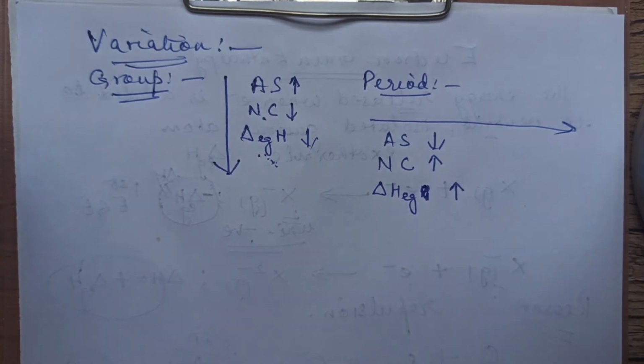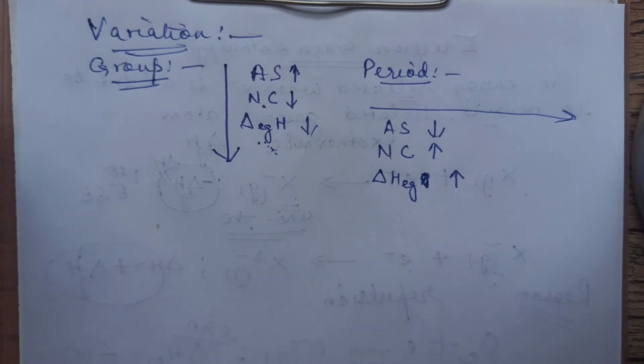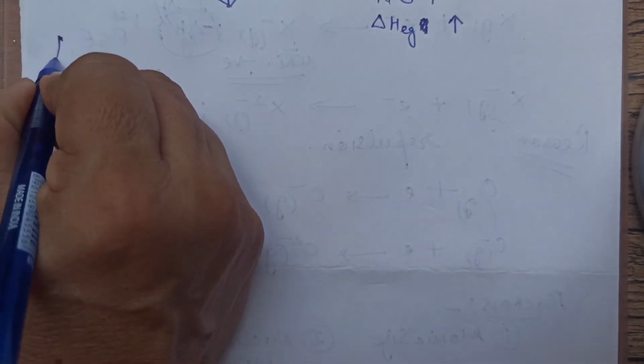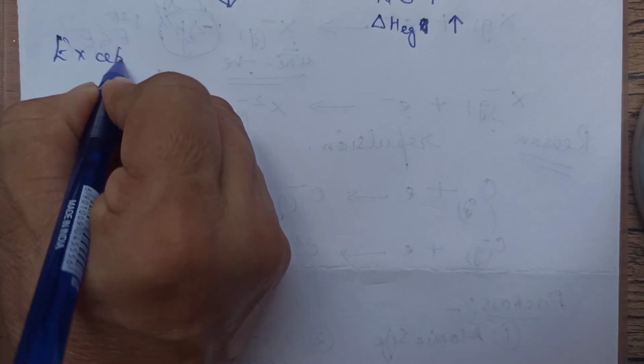I mean, the ones present on the right hand side have more. Of course, there will be exceptions of the noble gases, half-filled and full-filled configurations, etc. We will be talking about those. So let us take now the exceptions to this electron gain enthalpy.